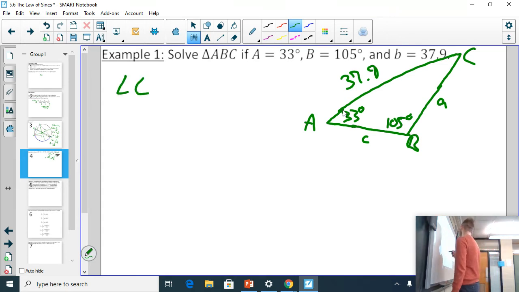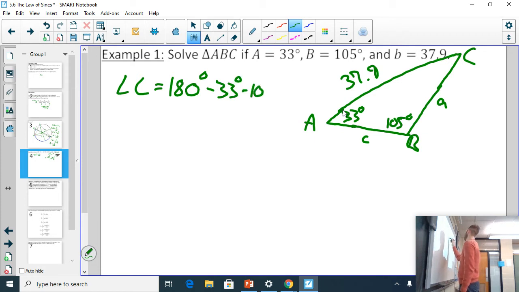Angle C is simply going to be 180 degrees minus the other two. So minus 33 minus 105. And that's 75 once you take away 105, and then 75 minus 30 is 42 degrees.